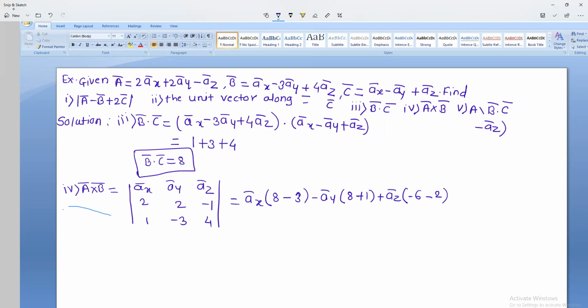Okay. So a bar cross b bar is equal to 5 a bar x minus 9 a bar y and minus 8 a bar z.